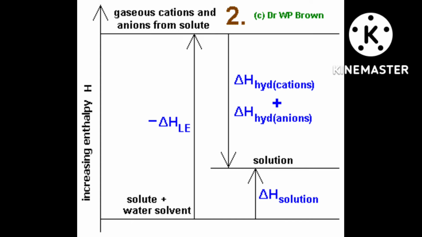Its value is minus 348.6 kilojoule per mole. Delta H is equal to minus 348.6 kilojoule per mole, and then it is converted to the chloride ion, the anion.